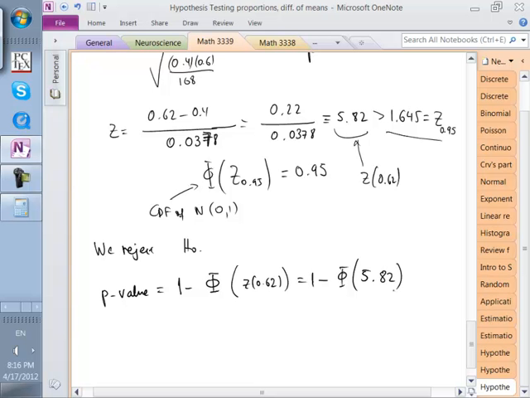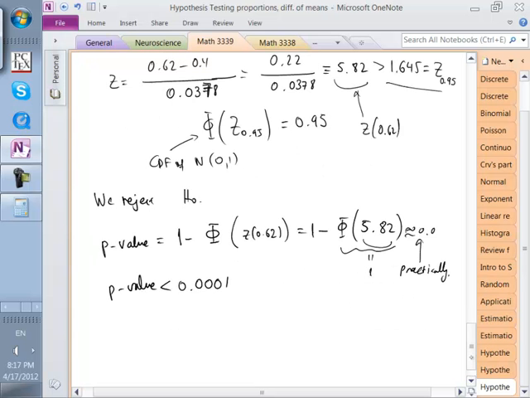And if we try to find this number, tables will give you points up to 3.5, and this is 5.82, so phi is practically equal to 1, so the p-value is practically equal to 0. So you can say that the p-value is less than 0.0001. That means great certainty, a greater degree of certainty than, say, 95%. The data are overwhelming.